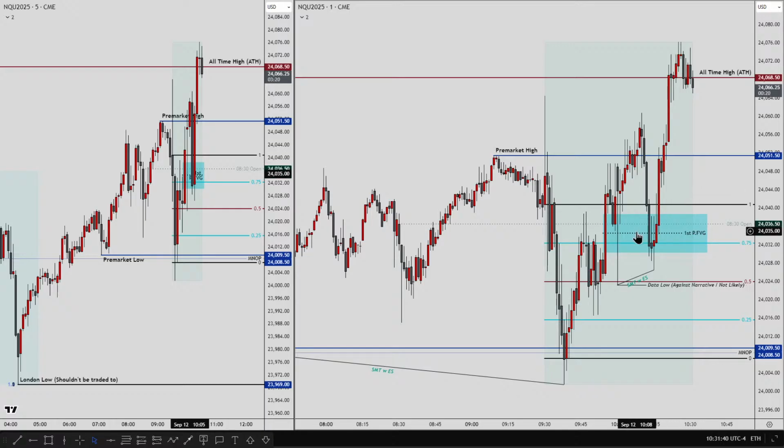10:08 order block. Okay. 10:08. What? This is a bearish order block. You wouldn't use that for buys.